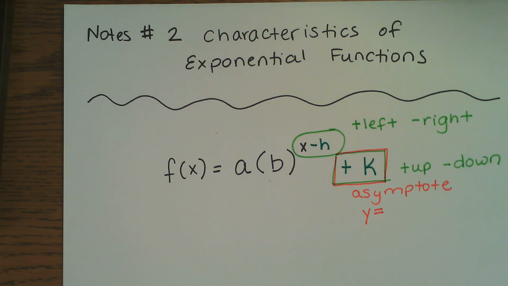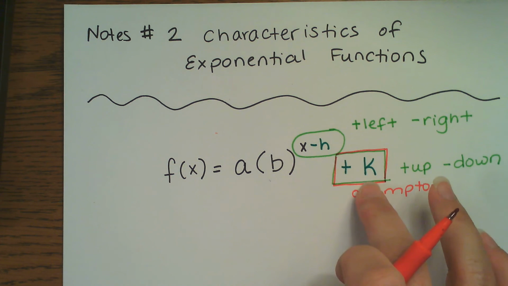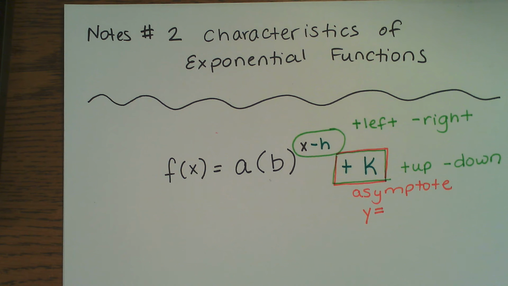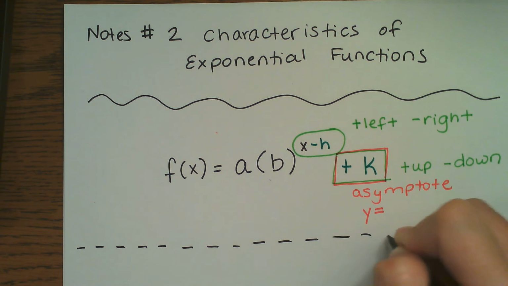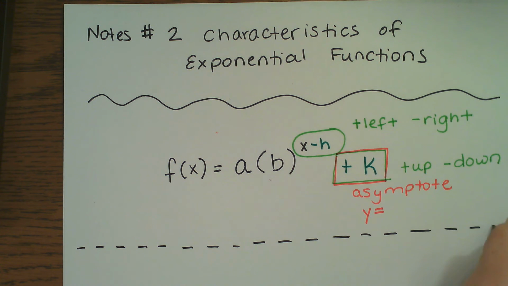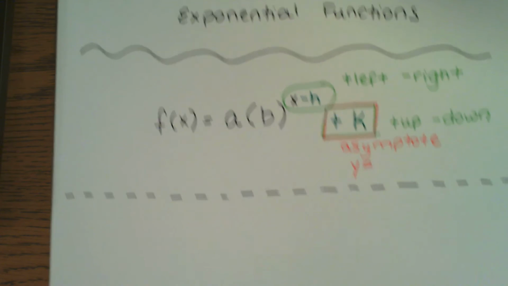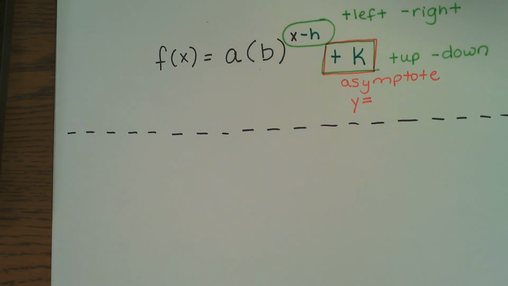There's always an asymptote for these graphs, so if there's not a number at the end, it'll be 0. So I'd like to graph a couple of these with you, just to remind you kind of how it works.